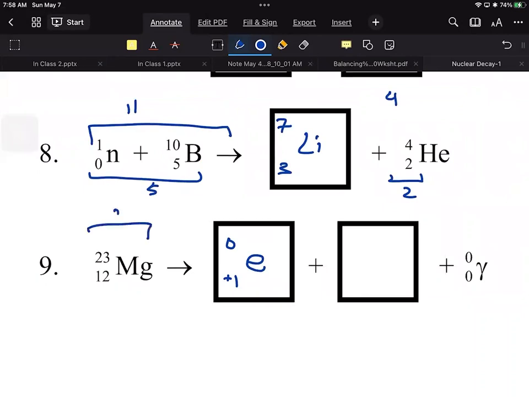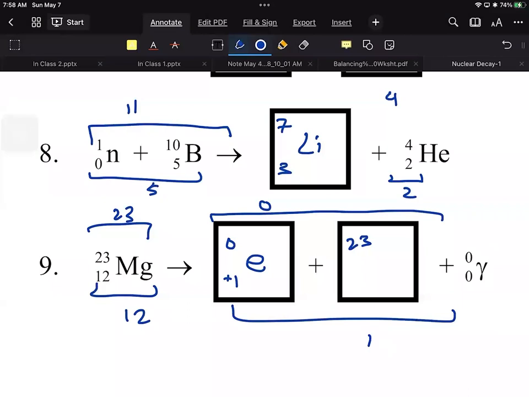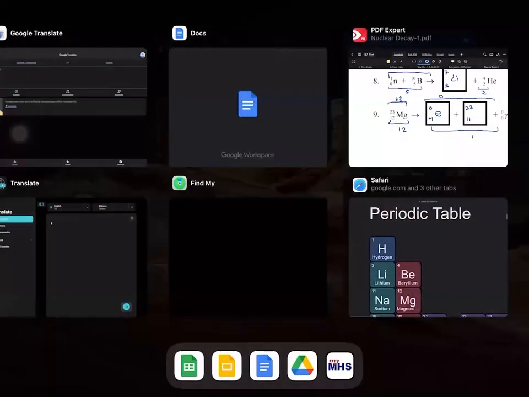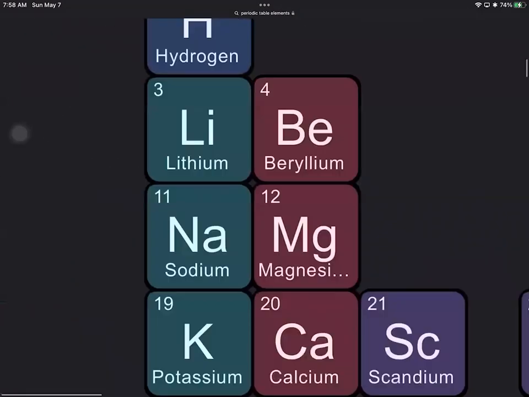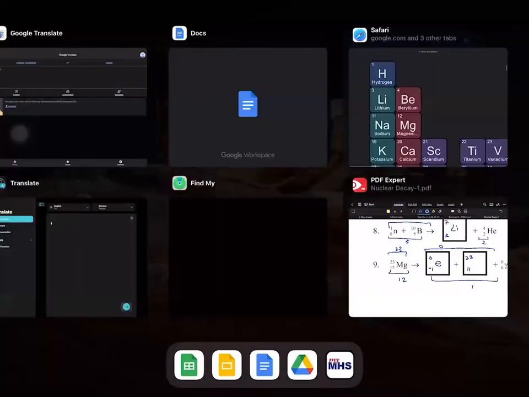This side's 23. This side is 0 still, because 0 plus 0 is 0. So the top number will be 23. The bottom number will be 12. This one will just be 1. So what plus 1 equals 12? 11. The atomic number of 11 is Na, sodium.